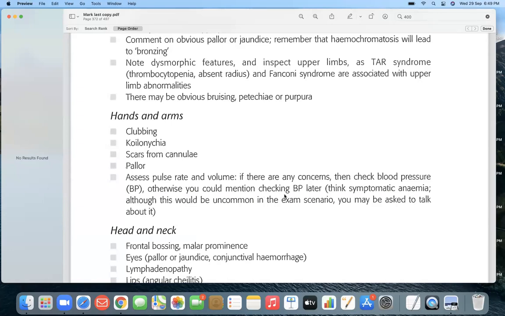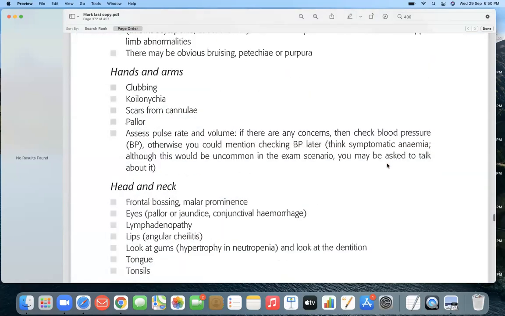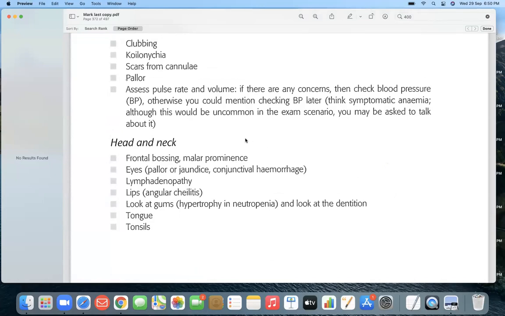Think symptomatic anemia. Although it could be uncommon in the exam scenario, you may be asked to talk about it. Now that it's online, it can come. The symptomatic anemia also can come. Any case can come. So head and neck, again, frontal bossing and malar prominence. This frontal bossing and malar prominence is mainly in thalassemia.